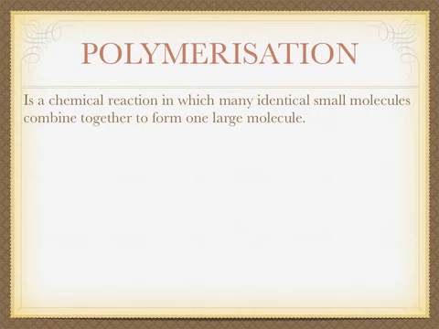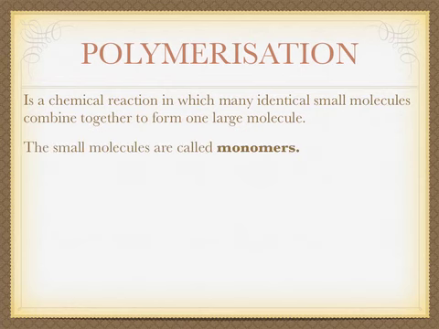If you'd like to picture it as follows, imagine a brick wall. Many individual identical bricks are needed to form an overall large brick wall molecule. If you, therefore, imagine the brick monomer, that would form the brick wall polymer. That's an idea of the polymerization process.